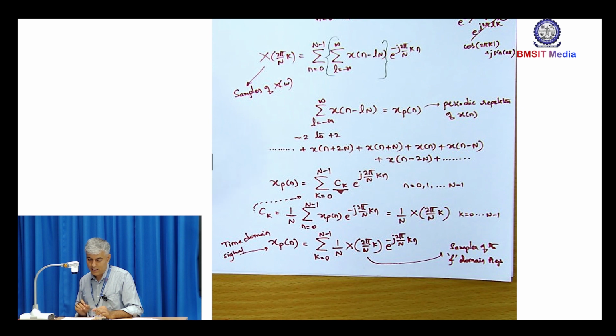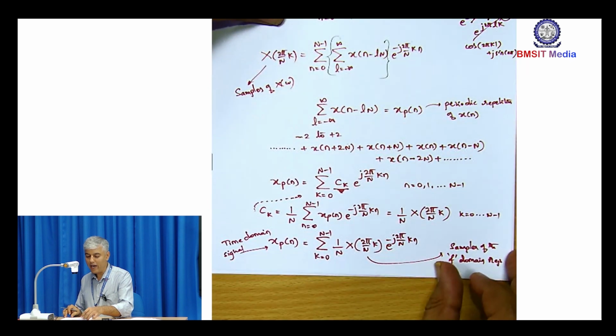This is a very crucial concept in arriving at the conclusion that samples of the Fourier transform will help us in exactly reconstructing the original signal.